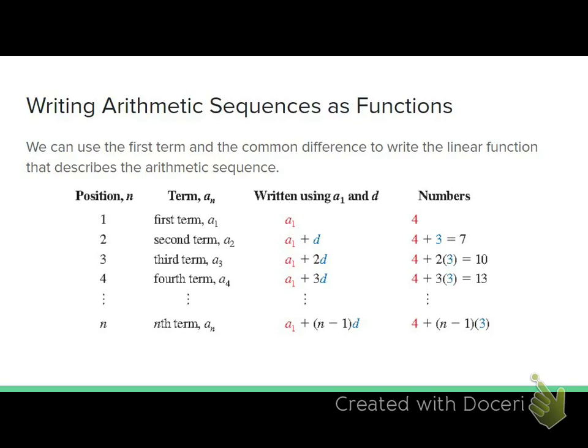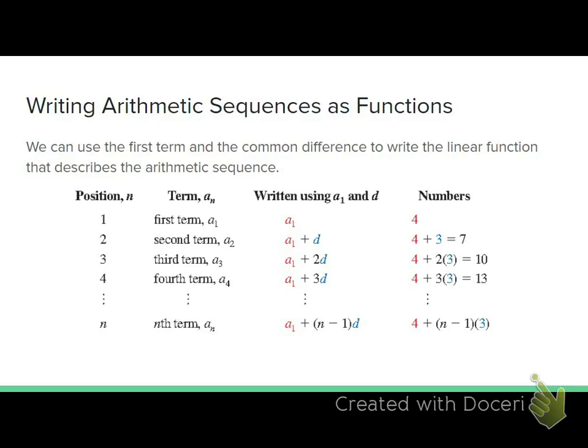So when we have a sequence, we can write it using our common difference. Here they wrote it as A1 plus D. So A sub 2 would be your first term plus whatever it is that you're adding. That should make sense. With numbers, if our common difference is 3, we're taking 4, which was the first number, and adding 3 to it to get 7.